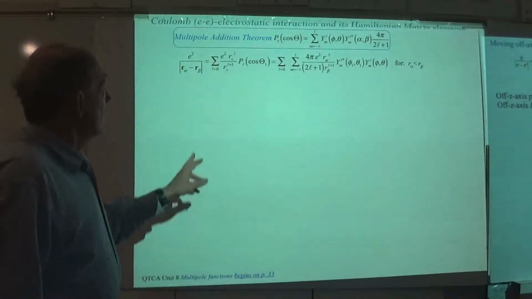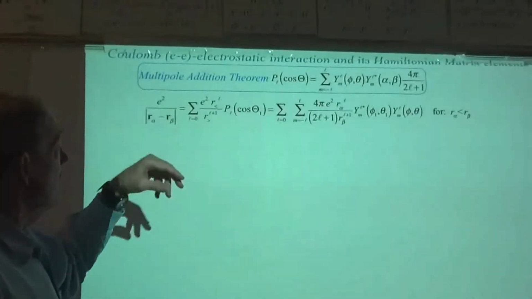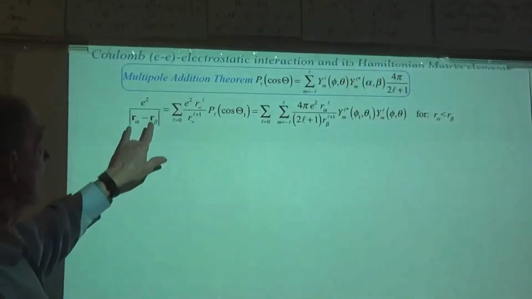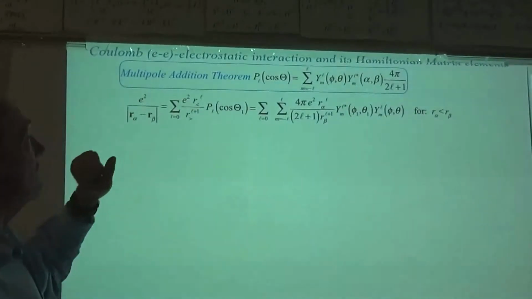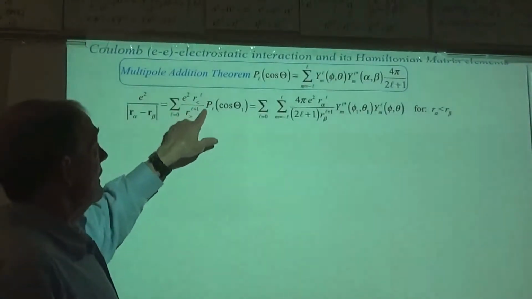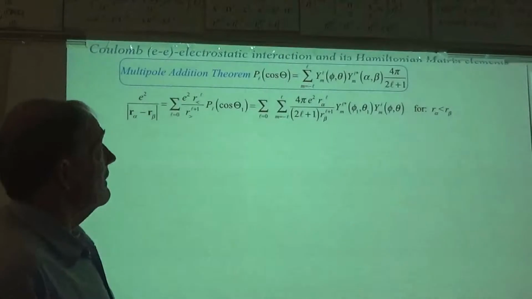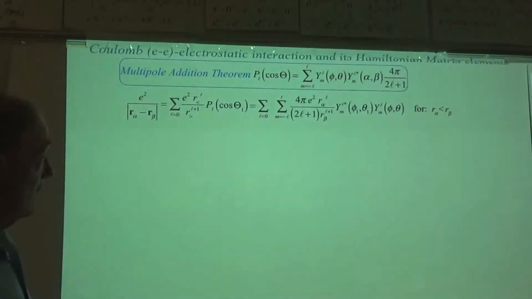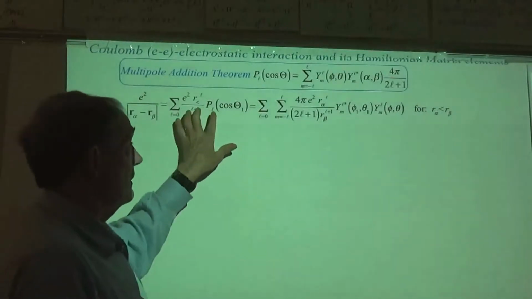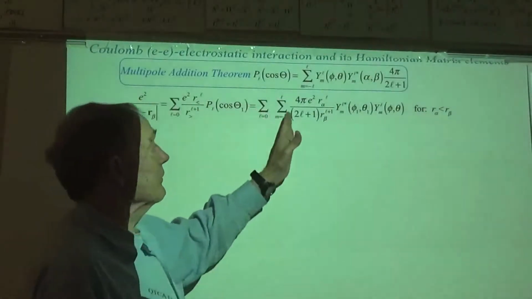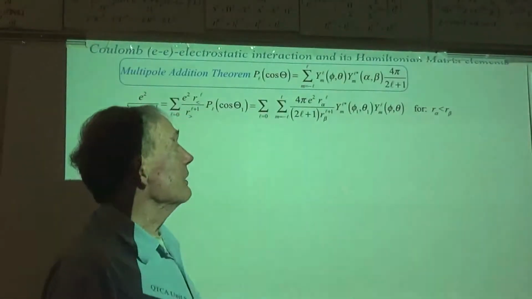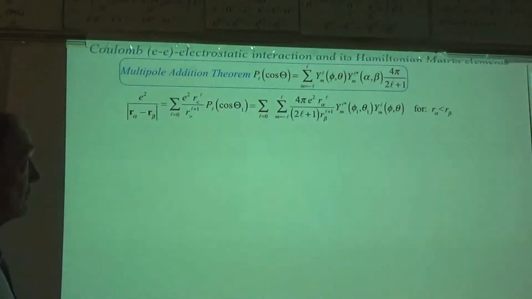This guy, 1 over r, that's what we did, but we're thinking now of a vector that's a difference. It involves this Legendre expansion, but that Legendre expansion has this expression in terms of the actual polar angles of the two objects that are here.